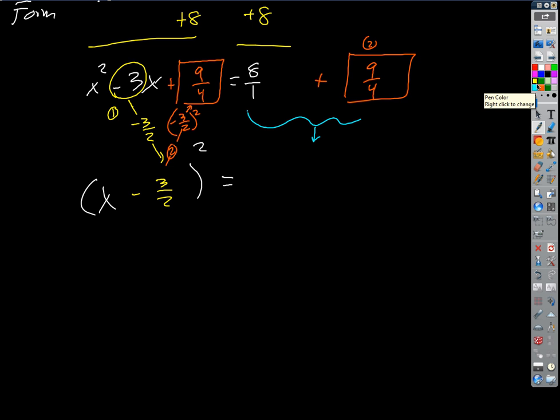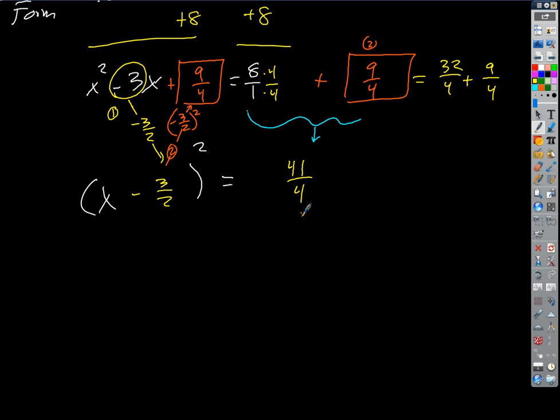You have to make the denominators the same, a common denominator. I already have a 4 over here, so I'll multiply top and bottom by 4, and that gives me 32/4 plus 9/4. 32 plus 9 is 41/4. There we go, 41/4.